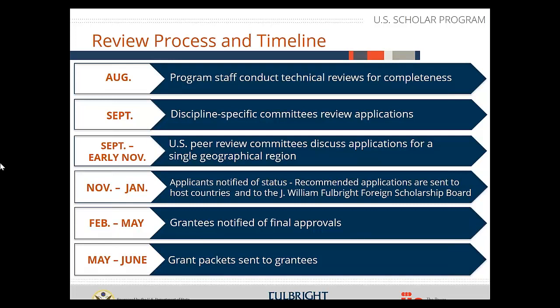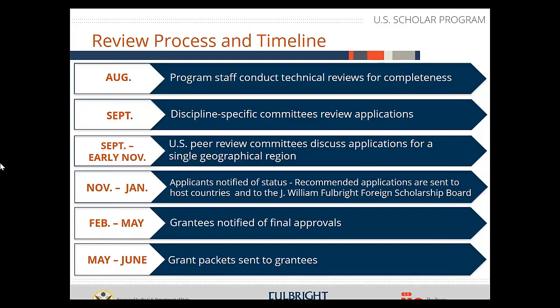Okay. So some great questions just about the different attachments and components of an application that we've gotten. Somebody was asking about language fluency and the language reports and whether or not you need to submit a language proficiency report.